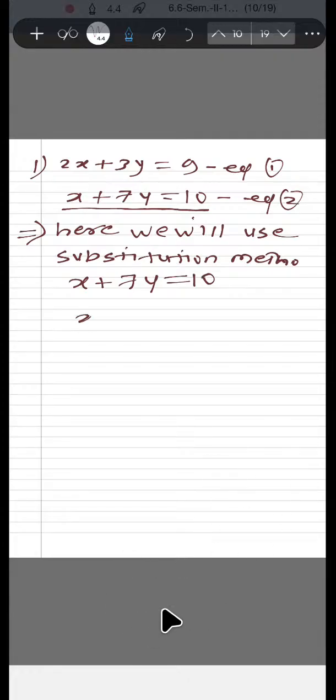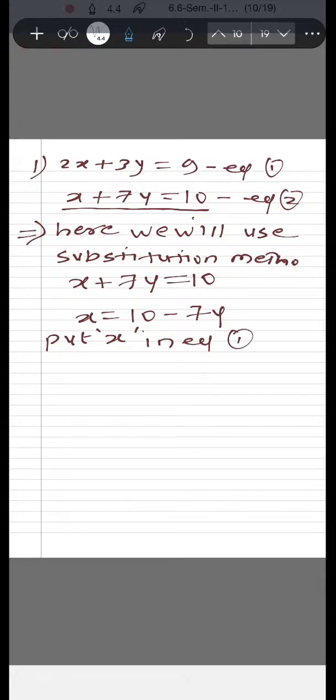Simply I can convert it this way: x is equal to 10 minus 7y. So put x equal to that value in equation 1.